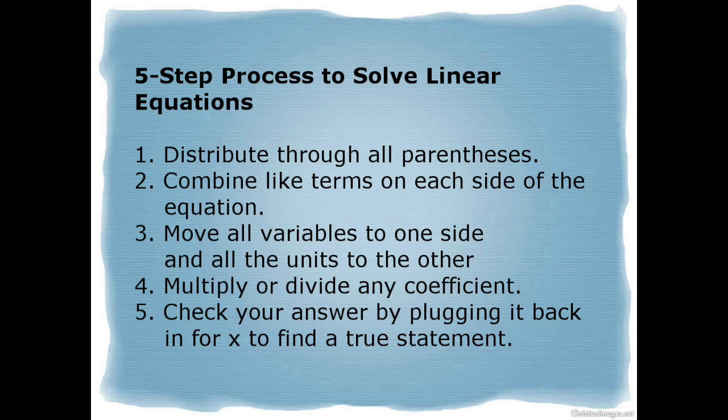Move all variables to one side and all the units to the other. Now, if you're not familiar with the term unit, I have been using it. A unit is a number. It can be an integer, it can be a fraction, but it does not have any variable attached to it.